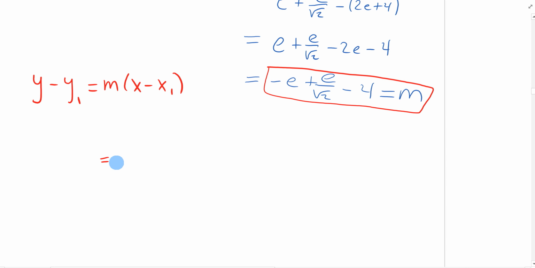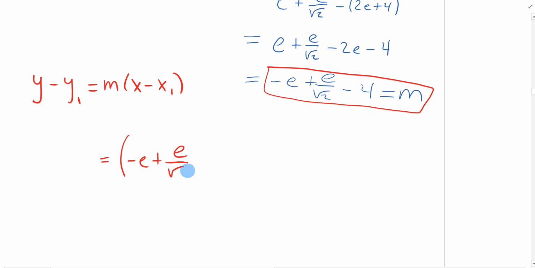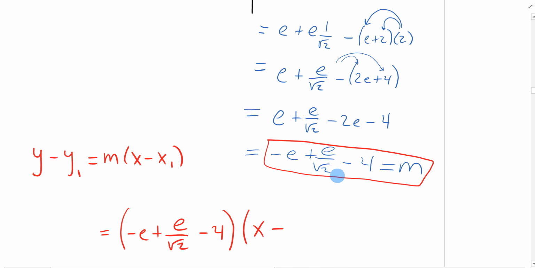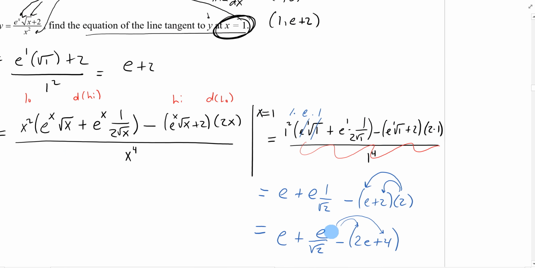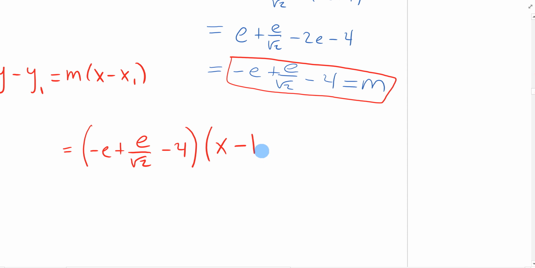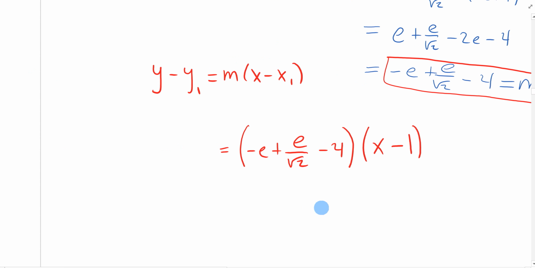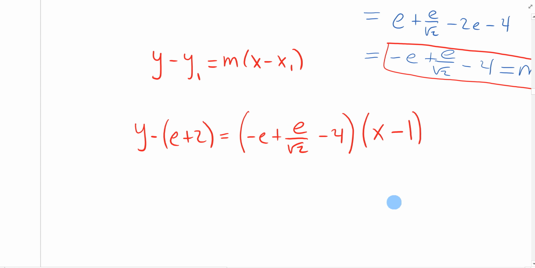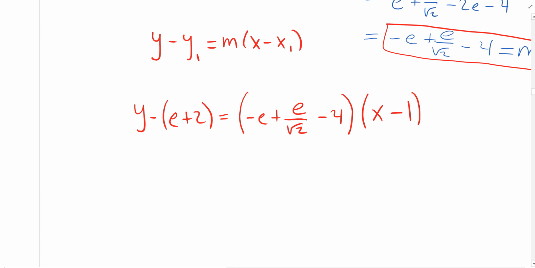So it's going to be parentheses negative e plus e over 2 minus 4, times x minus x1, and x1 we just said was 1. Y minus y1, e plus 2. And there's my equation. And that pretty much completes today's lesson.